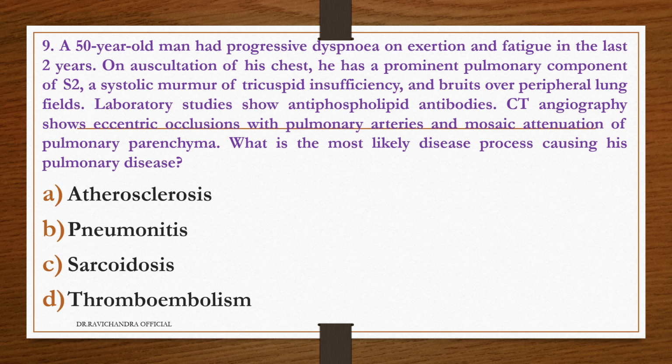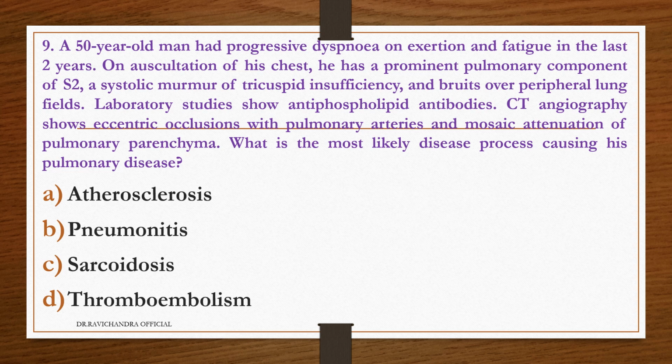Laboratory studies showed antiphospholipid antibodies. CT angiography showed eccentric occlusions of the pulmonary arteries and mosaic attenuation of the pulmonary parenchyma. What is the most likely disease process causing his pulmonary disease?